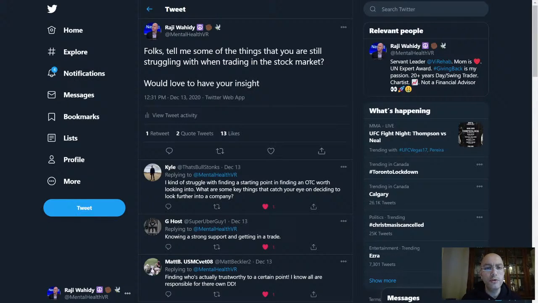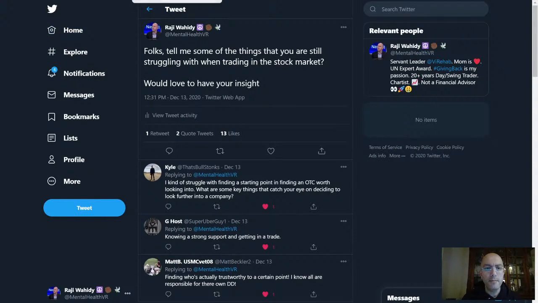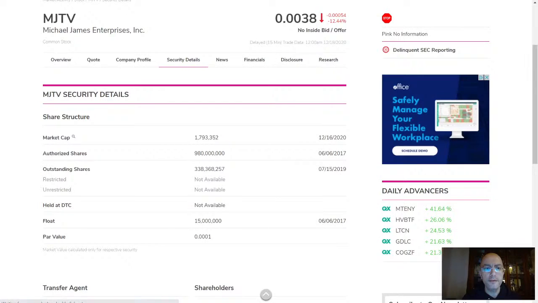Basically, you go to OTC Markets, which is this website, and look under security details. Look at the share structure and how it looks. If it's reasonable, then I'll go in. If it's not, then I will reconsider my position or just flip it if it's for a quick win.